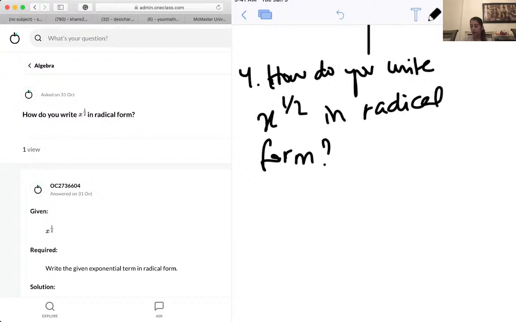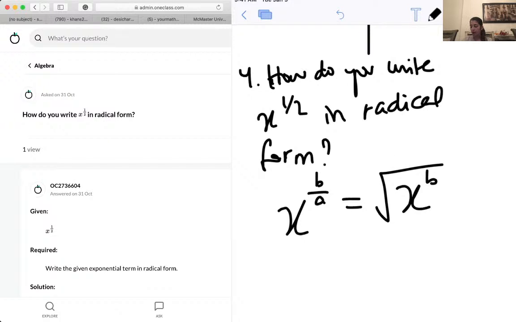So, when we are given x to the power of b over a, that basically just means x to the power of b, rooted by a.